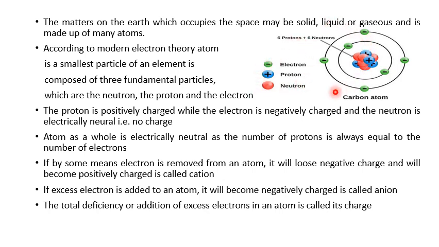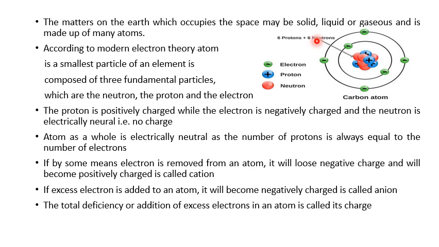This is a carbon atom. It consists of these 3 particles: electron, proton and neutron. Centrally it has a nucleus, and electrons revolve around the nucleus. The nucleus consists of the protons and neutrons.